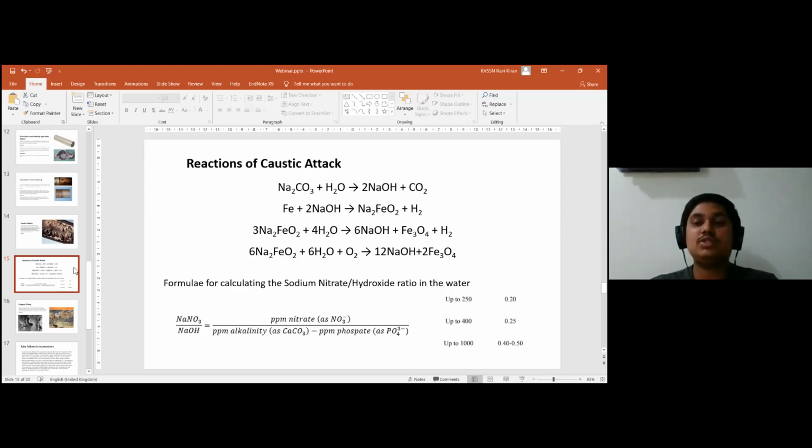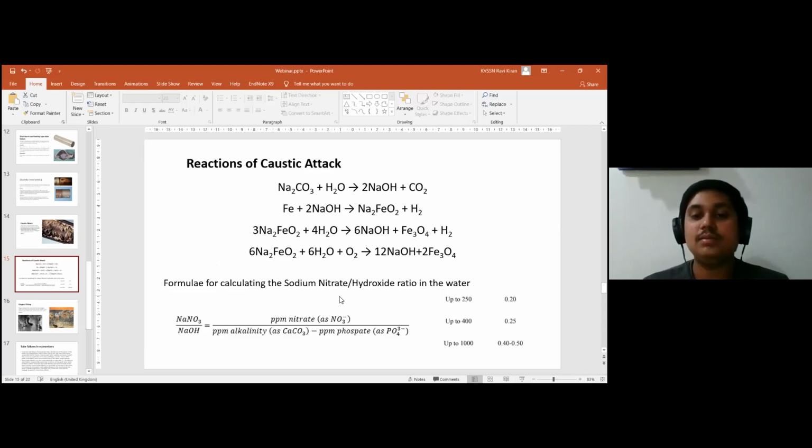And this sodium hydroxide forms a thin layer with the walls of the tube material, and reacts with the ferrites, and these ferrites in return result in erosion.